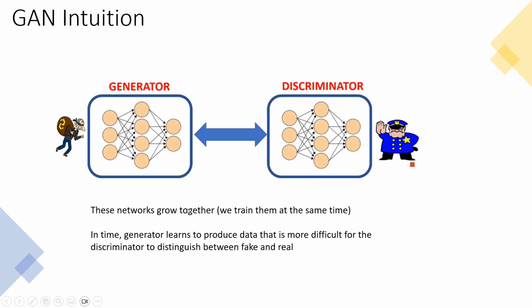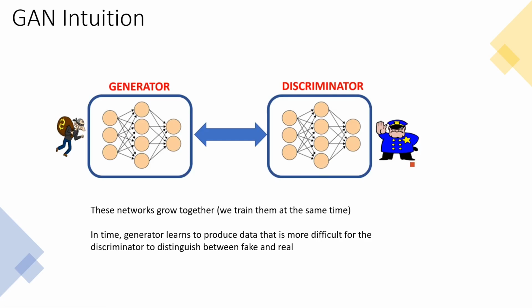And these networks grow together. I mean, we train them together. It's not like you train a discriminator, and once you have a perfect discriminator, you train a generator. That's not how it works. You train these two networks together. We will see while we are doing the example how we can train a GAN.